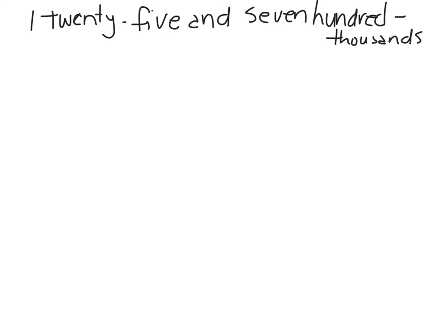So let's see what we would do with this one. How would you write the number 25 and 700 thousandths as a decimal? We know that the 25 goes there, the and is the decimal. Now we have to figure out what to do with 700 thousandths. You can go back to the screen where I had it, or you can look in your book at the top of page 120 and see how many decimal places from the decimal point you would be.